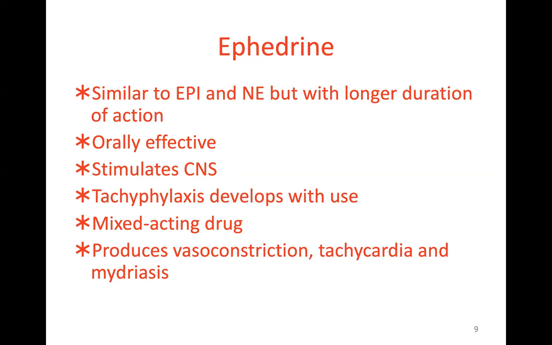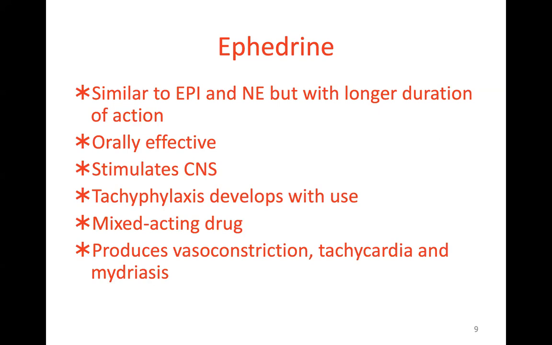But ephedrine is basically very similar to epinephrine and norepinephrine, but it's not a transmitter. It's a chemically synthesized drug, and it has some advantages. Epi or norepi we can't give orally, and both are very short acting. So ephedrine is orally effective and does have a longer duration of action.